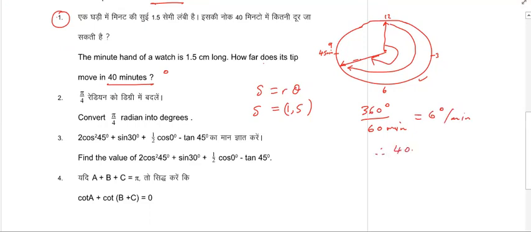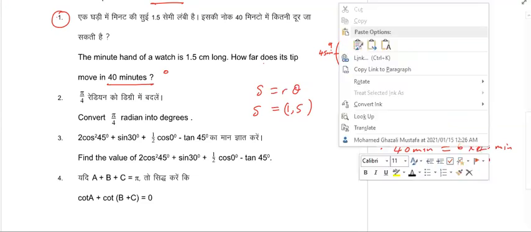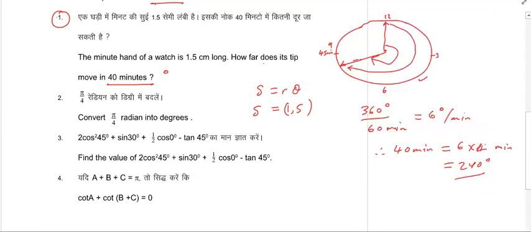Therefore, 40 minutes will be equal to 6 times 40, which is 240 degrees.